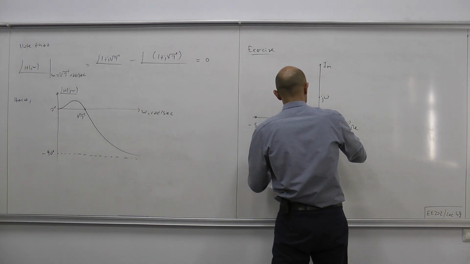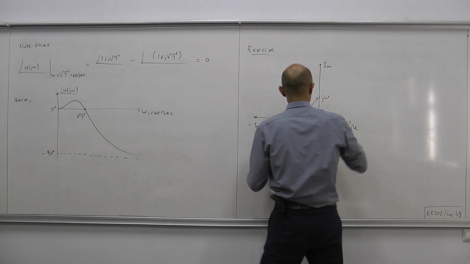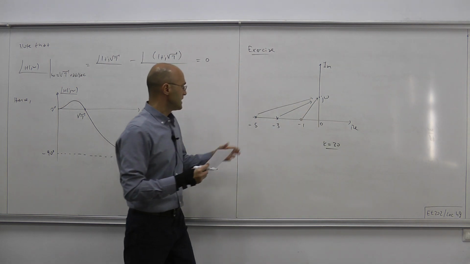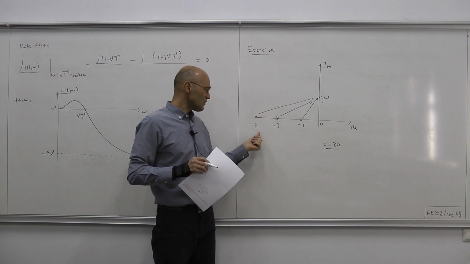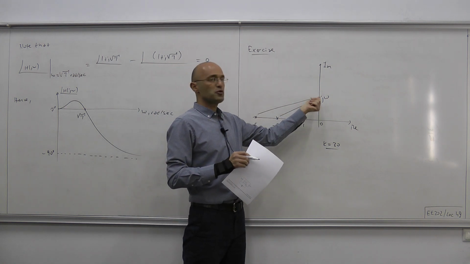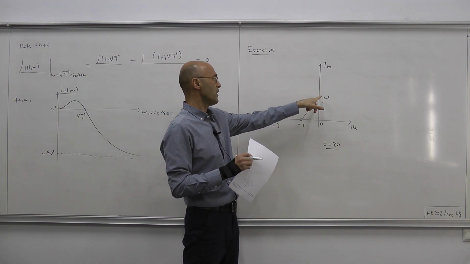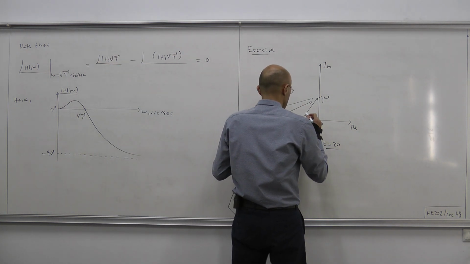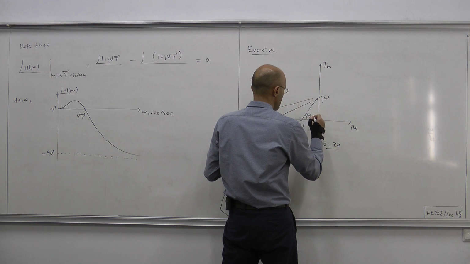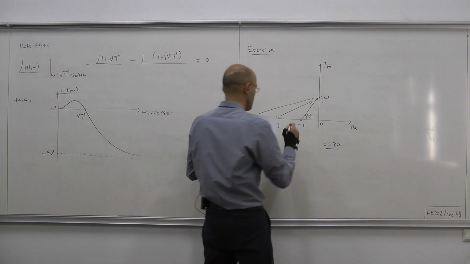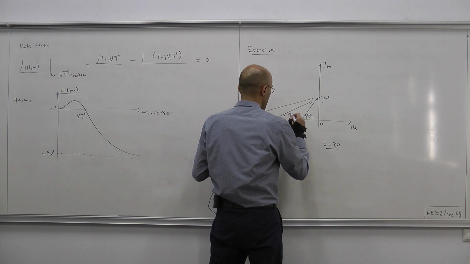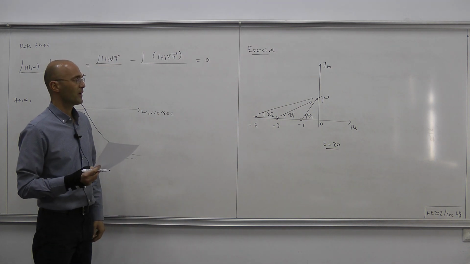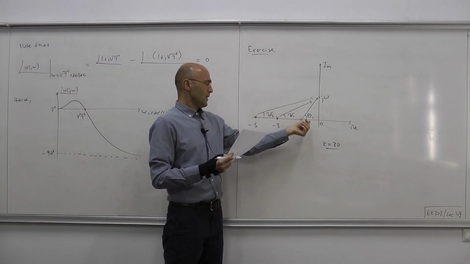To this point let's draw vectors, where the tails of the vectors are at the poles and zeros, and the heads of those arrows are at our point jω. Let's call this angle theta 1, and let's call these angles phi 1 and psi 1 and psi 2. Okay, so those are the angles.